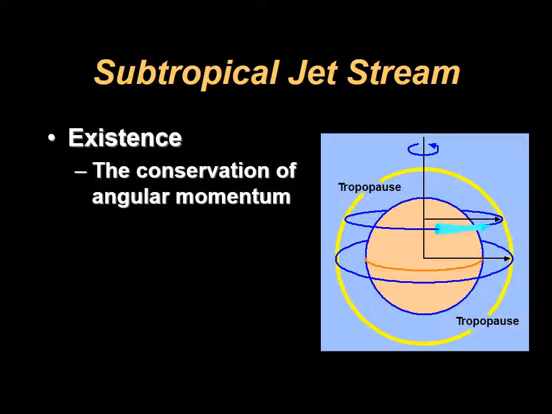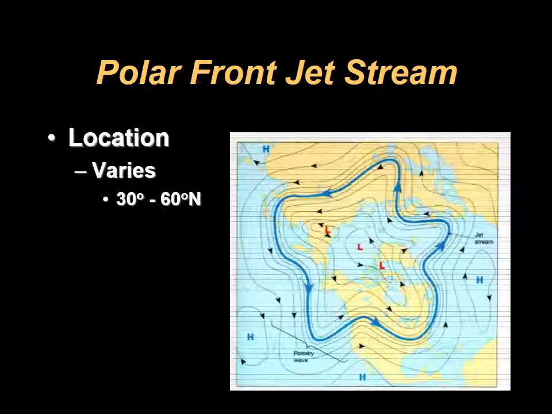That means the angular momentum is decreasing, so the jet stream has to move towards the east to compensate for that. In other words, you get a jet stream because of the reduced angular rotation of the Earth as you move farther north.